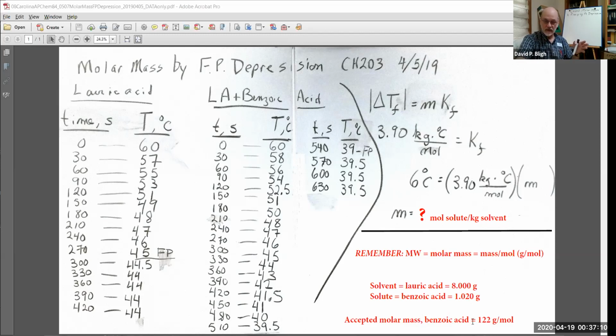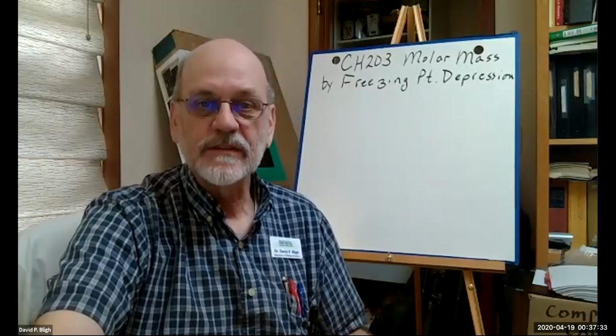And then down here, the accepted value for benzoic acid, which is the target. We want to determine experimentally the molar mass of benzoic acid, and then you'll compare it to this value down here using your percent error calculation.